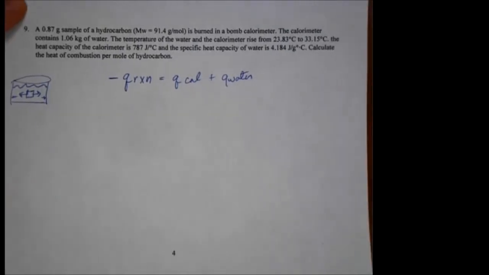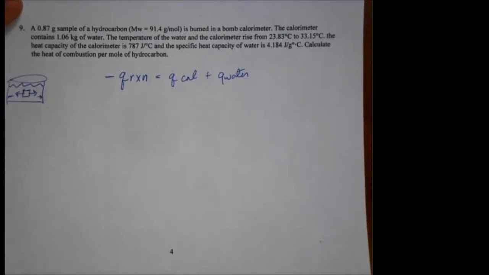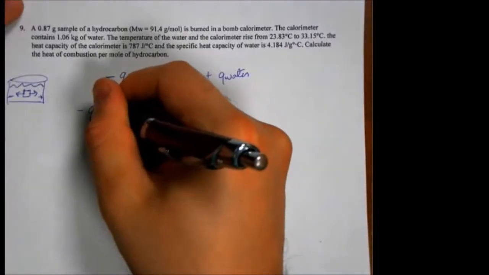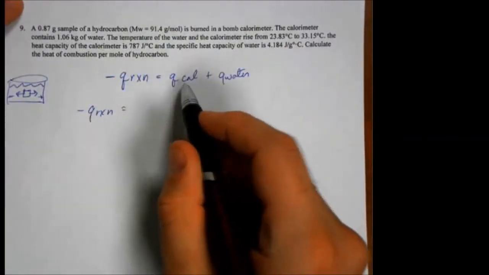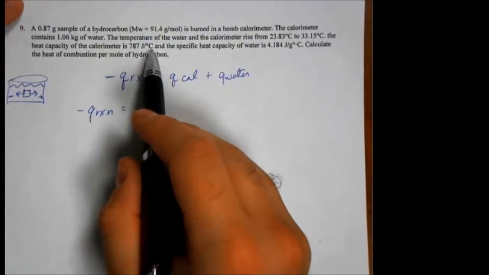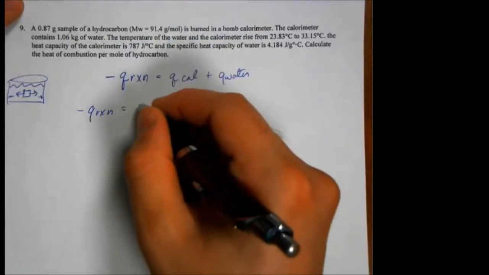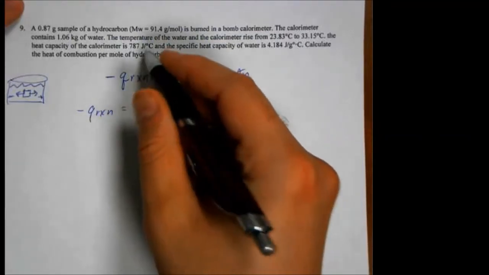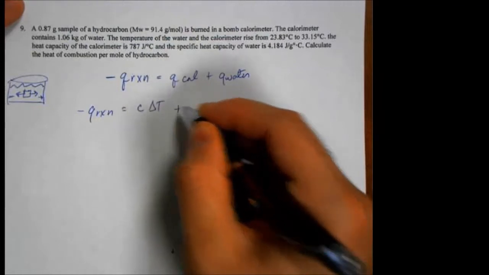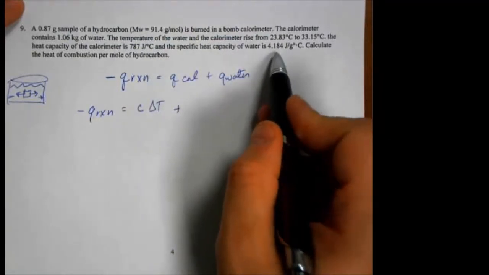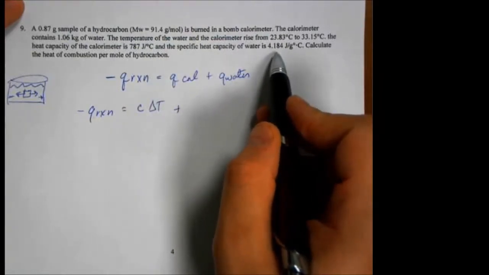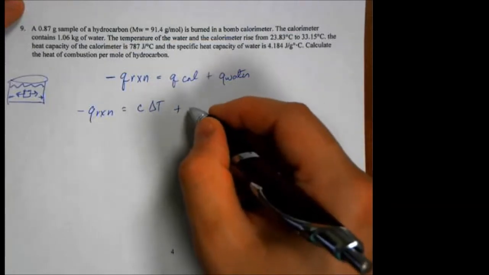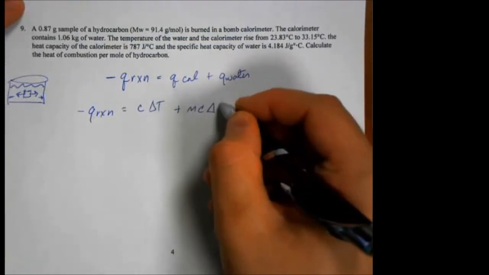Okay? So we can just fill this in. For the Q of the calorimeter, so minus the Q of the reaction is going to be, for the calorimeter, they give us a specific heat capacity in joules per degree Celsius. So this is going to be C delta T plus Q of the water, and in this case it is given to us in joules per gram degree Celsius, so this is going to be MC delta T, okay?